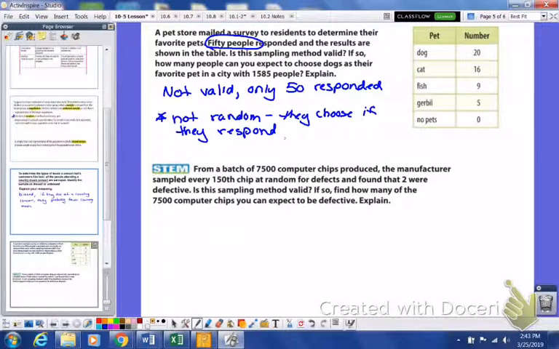So we are going in an ordered manner here. Every 150th chip that goes through is tested. Even though it's an order, it's still random because you don't know which one will be the 150th one. That just randomly happens to be number 150, number 300, number 450, etc. So yes, it is valid.